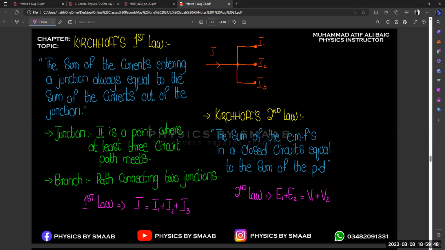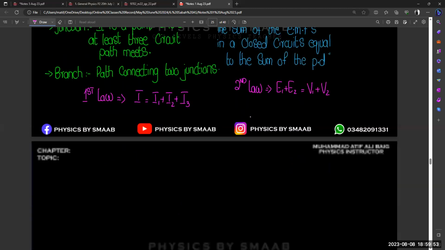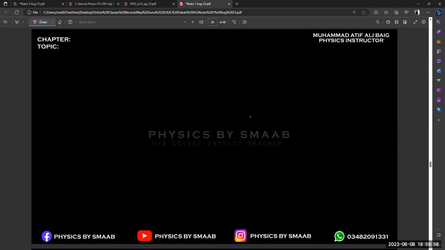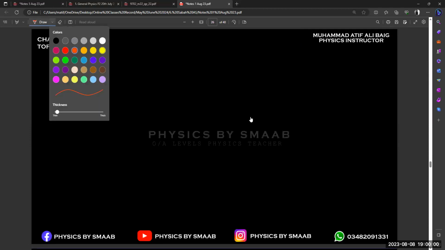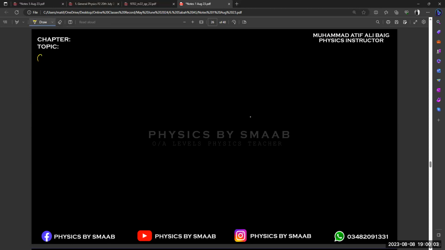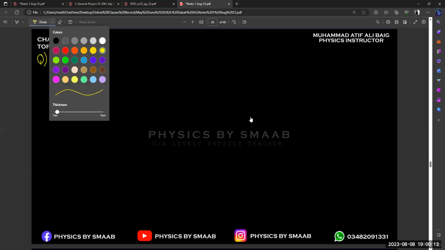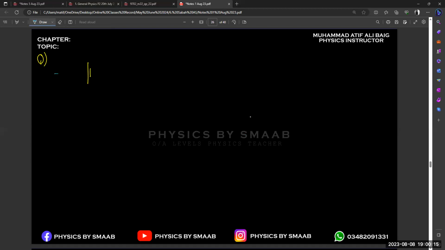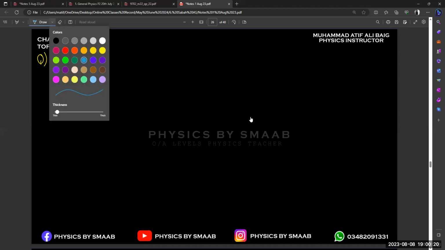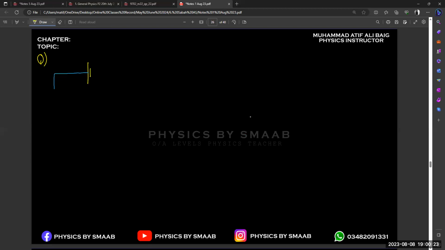No, it's pretty simple. Okay, let's suppose we consider an example for Kirchhoff's second rule first, because that is voltage, the current is not very difficult. Suppose we consider one circuit, we are having a power source and we just connected it with the wires. There is a lamp connected over here.